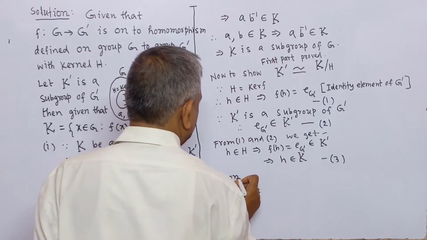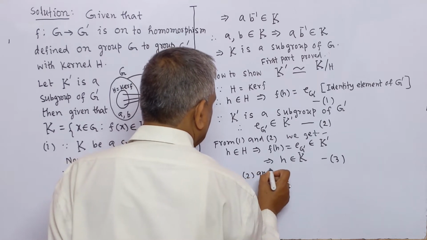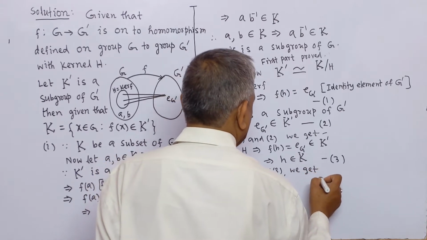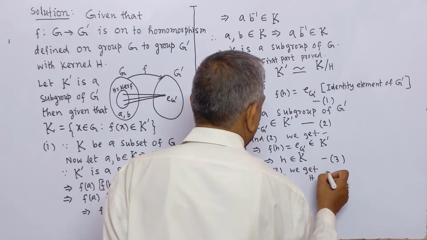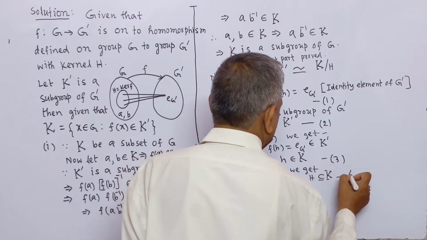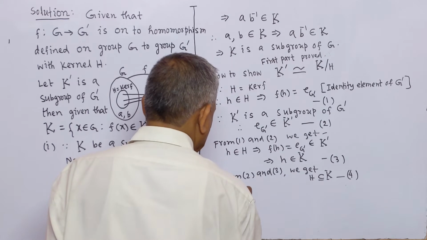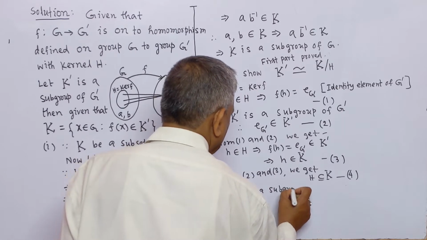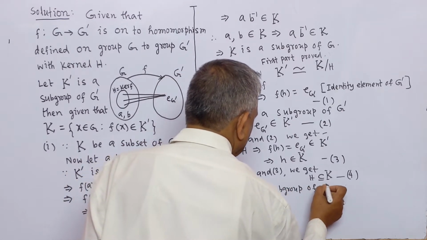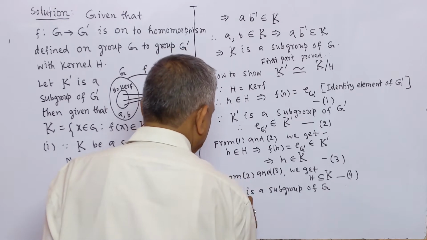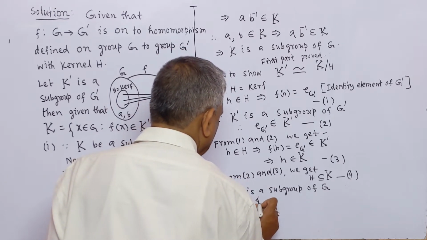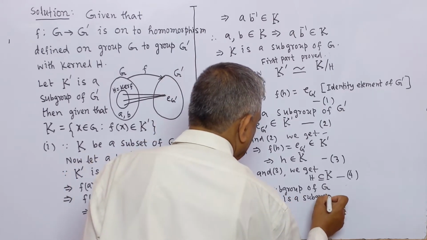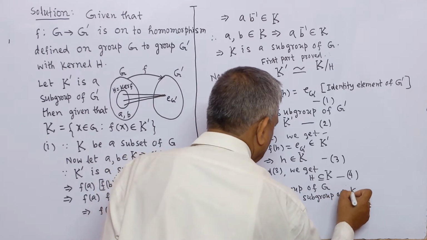From 2 and 3, we get H is a subset of K. This is number 4. Since K is a subgroup of G, therefore from 4, H is a subgroup of K.